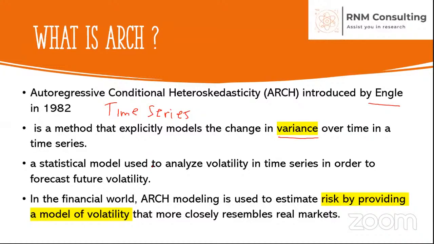So usually it is a model to analyze volatility in time series in order to forecast future volatility, because as investors, we want to know what will happen to our stock in the future, whether it is gaining profit or loss. In the financial world, we use ARCH to estimate by providing a model of volatility. We see the variance that happens in the time series to predict the volatility or movement of the stock market.